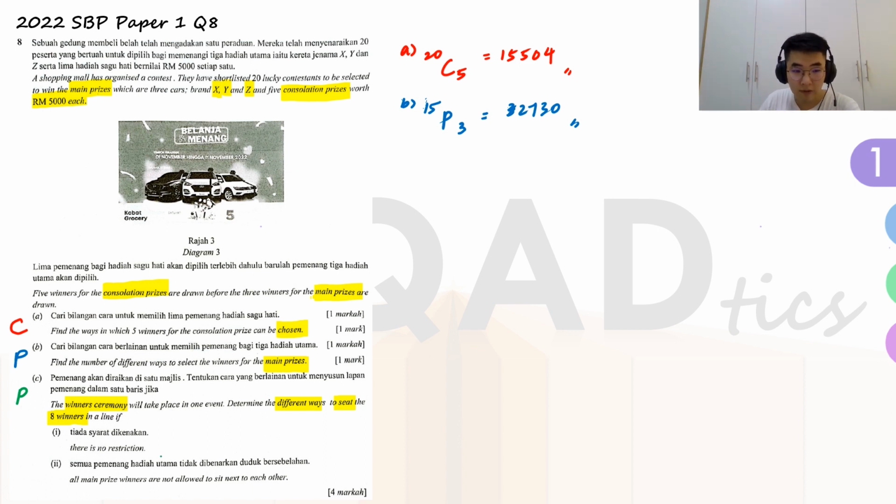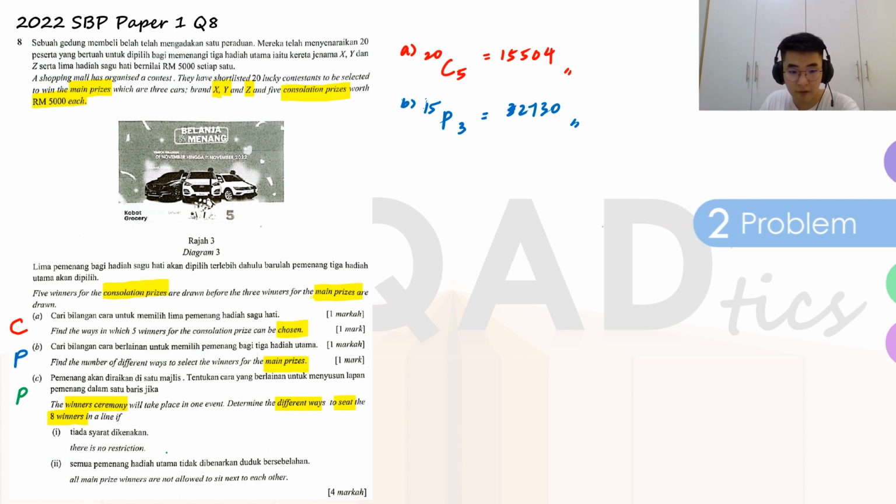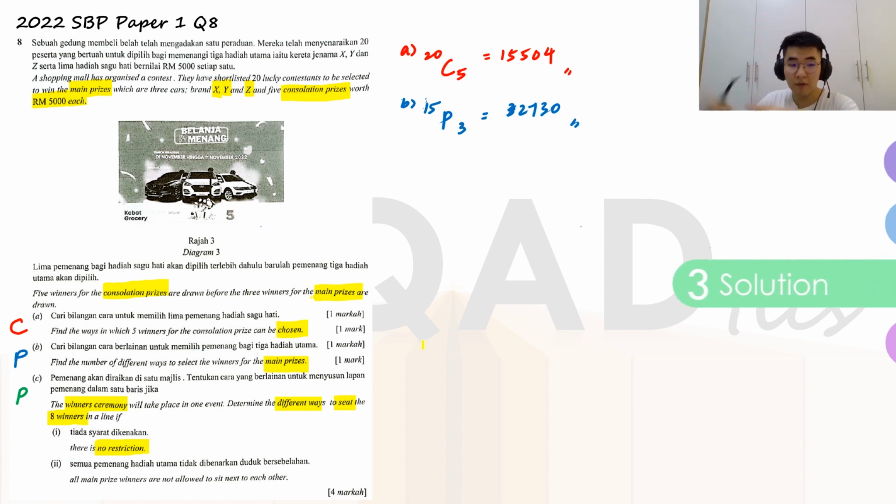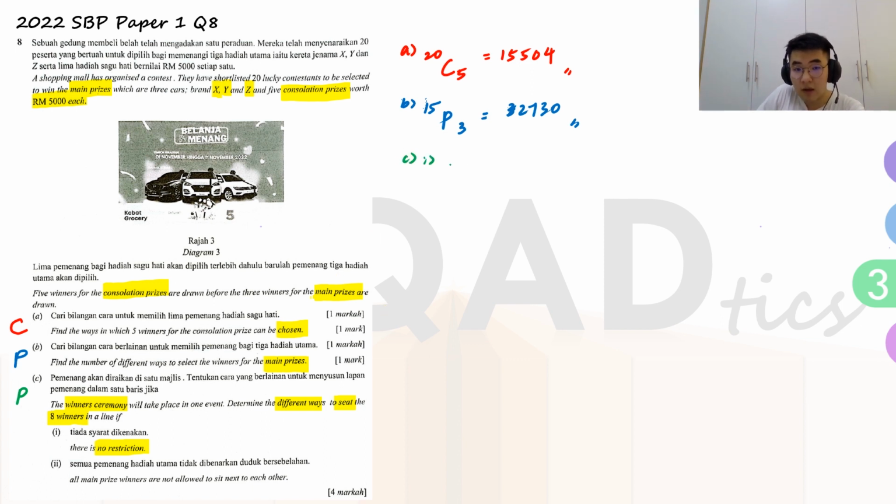For part 1, there is no restriction on how to arrange them, so we just need to arrange all of them. It's quite straightforward: 8P8, or we can write 8 factorial, which is 40320.